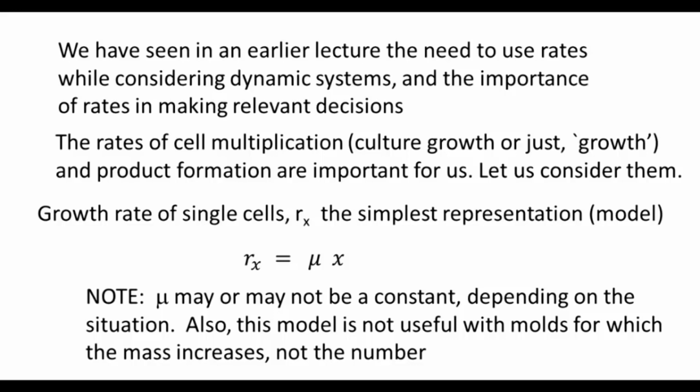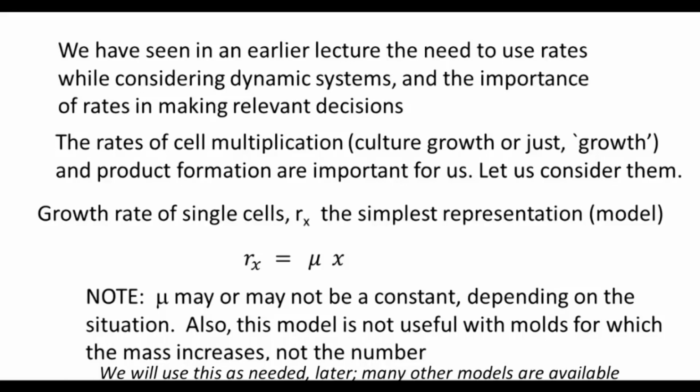They extend, their mass increases, but the number is still limited to just that one, with the mass increasing. In such a case, this may not be valid if x is the number concentration of the cells. You need to keep this in mind. We will use this model as needed. In this lecture, I am going to present some concepts, and we will use the concepts a little later. So let's just focus on the concepts in this particular lecture.